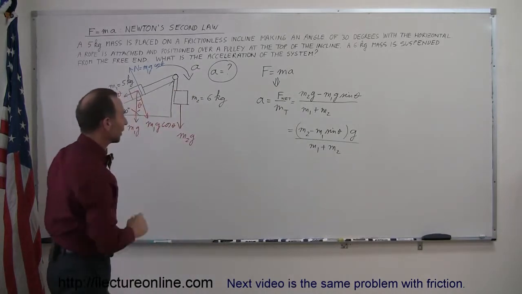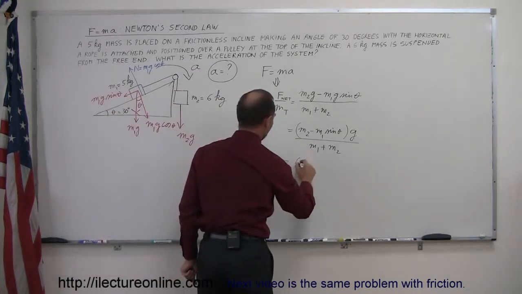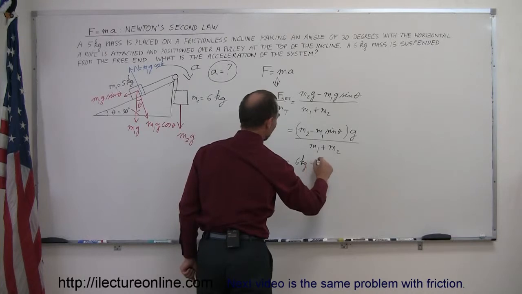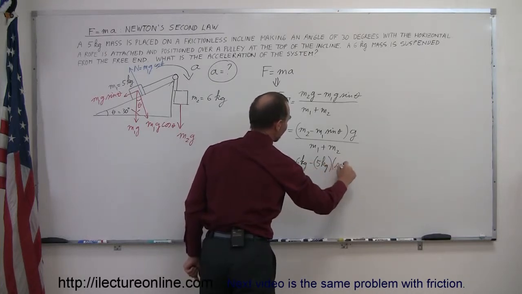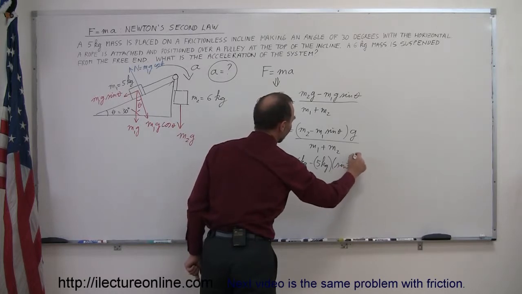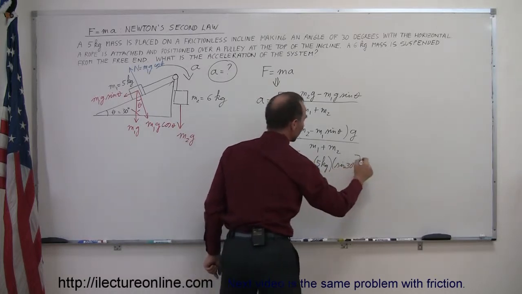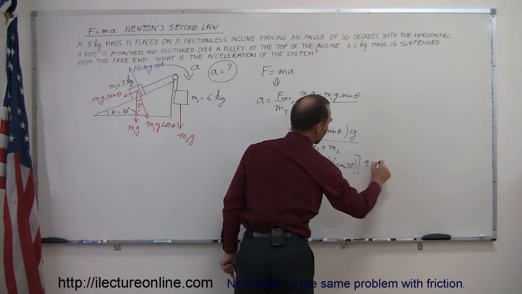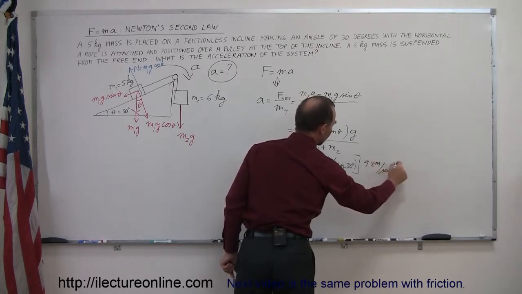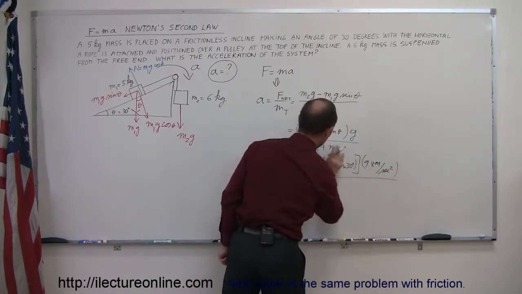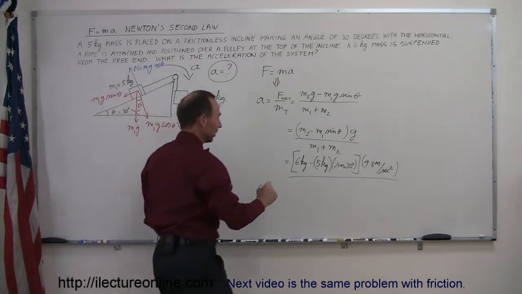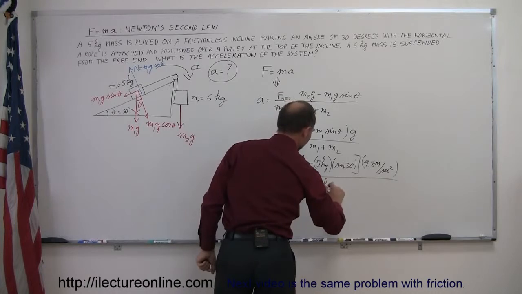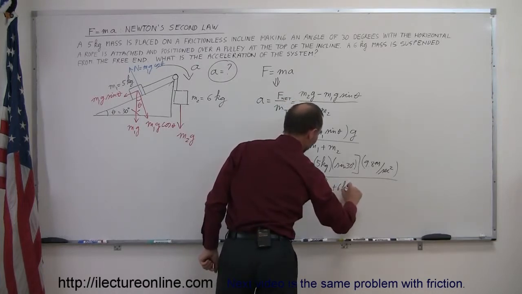All right, now let's plug in the numbers. m2 is 6 kilograms. m1 is 5 kilograms. We multiply that times the sine of 30 degrees. And on the whole thing in the numerator, we multiply times 9.8 meters per second squared. We divide the whole thing by the sum of the two masses. We have a 5 kilogram and a 6 kilogram mass. So that's 5 kilograms plus 6 kilograms.